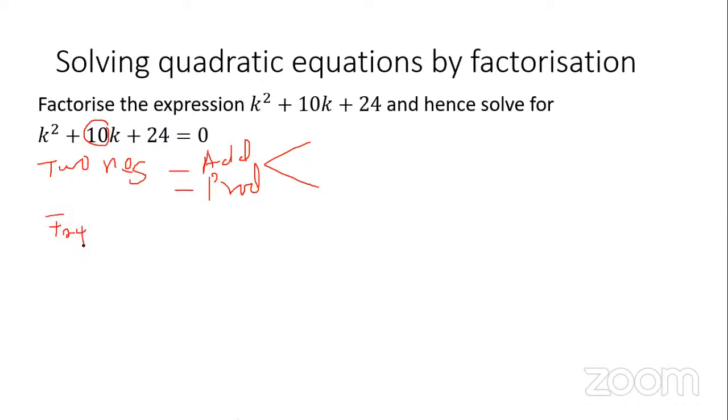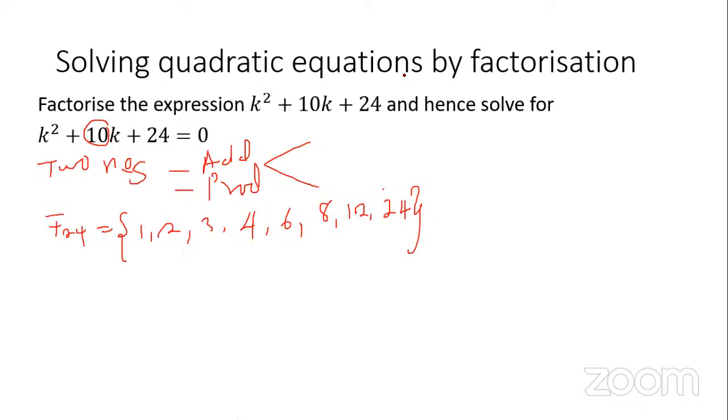For example, here we are going to first look for the factors of 24. We have 1, 2, 3, 4, 6, 8, 12, and 24. Then in our factors, we are going to look for two numbers that when we add them, we get 10.